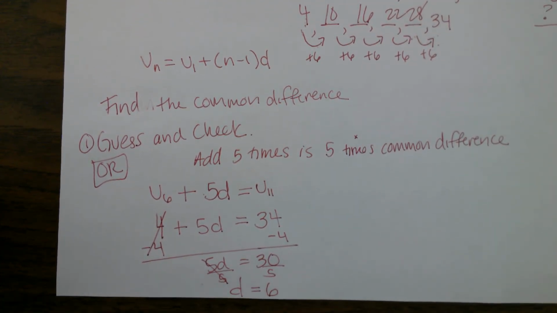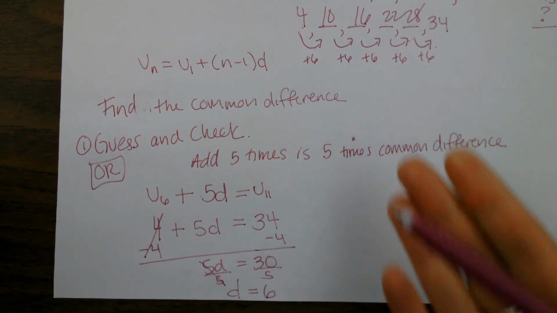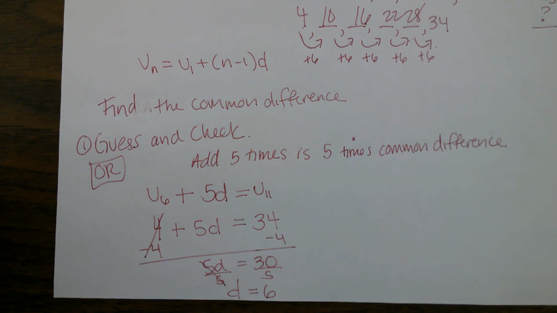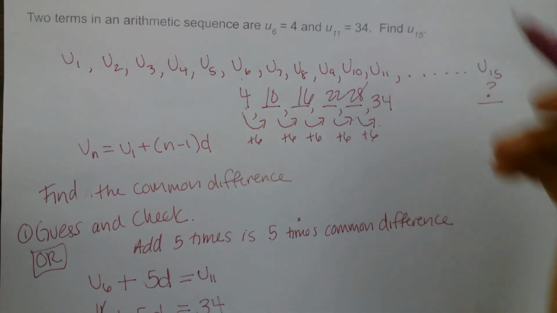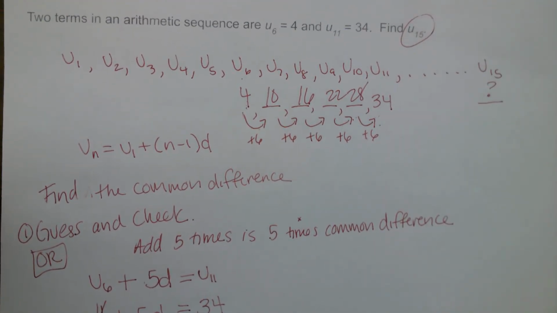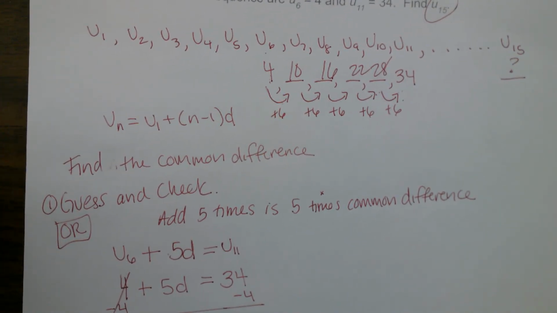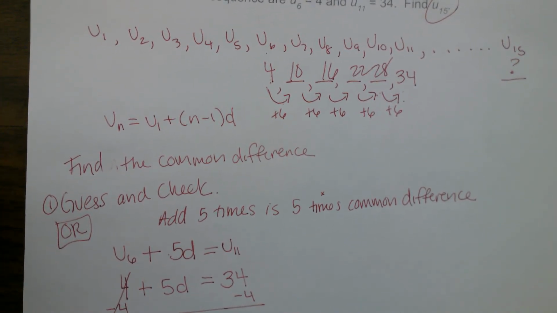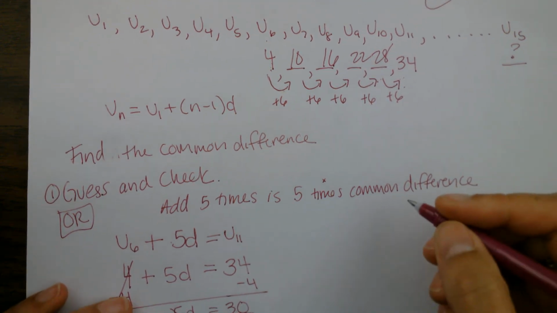This will always work. Okay, but now that we found the common difference, yay! We still have to find the 15th term. Okay, what is the 15th term? So, let's do it.